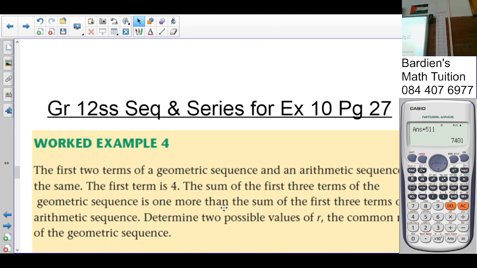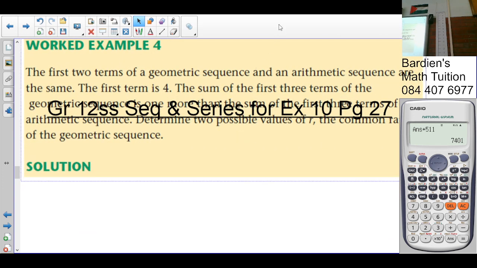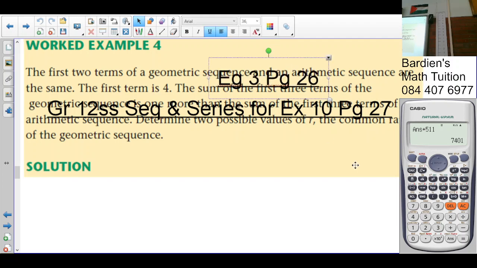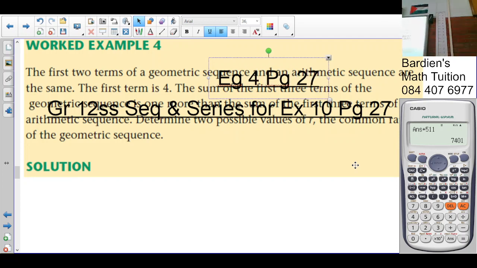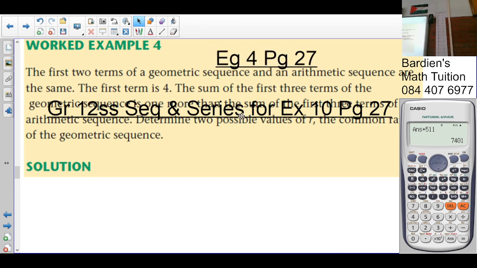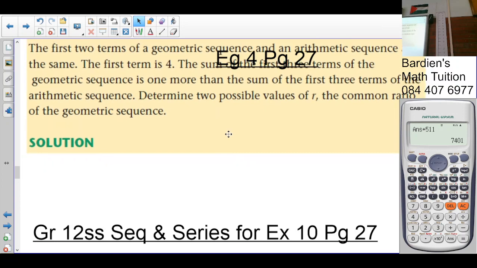Example 4. That's on page 227. Okay. So example 4 on page 227, we are told that the first two terms of a geometric sequence and an arithmetic sequence are the same.